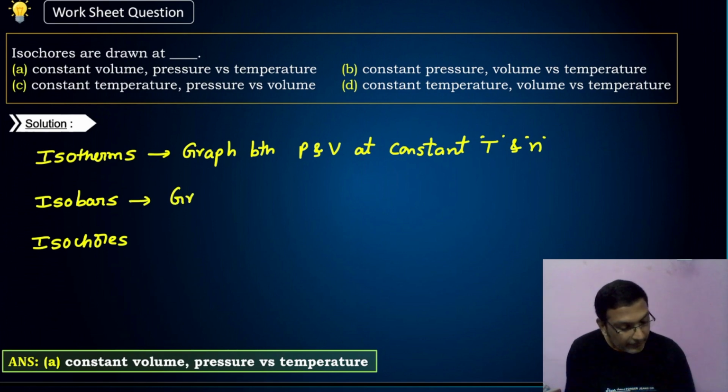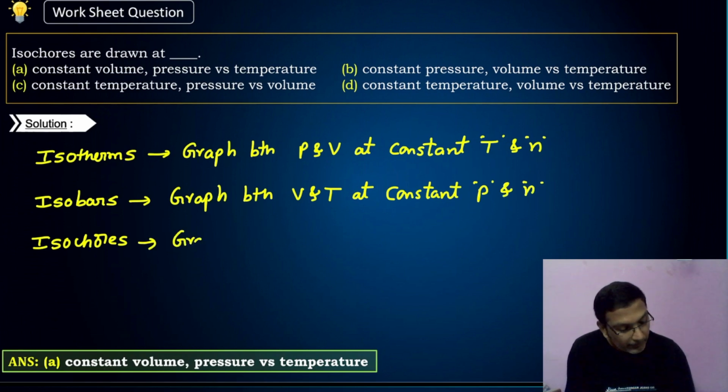Isobars are graphs between V and T at constant P and N, number of moles.